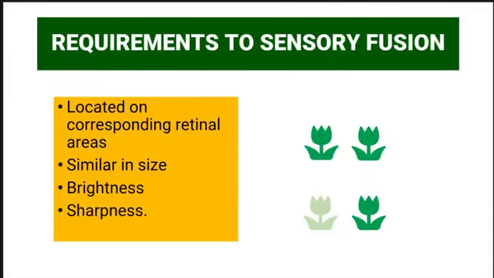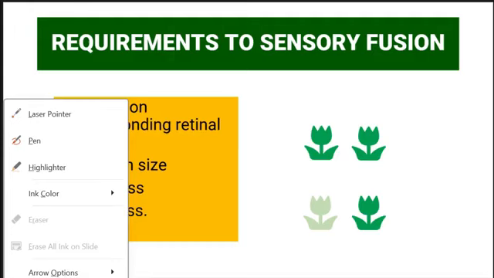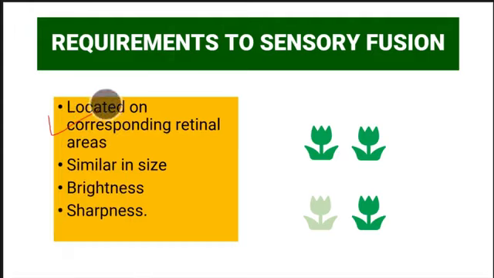So there are certain requirements for sensory fusion. The first requirement is that the images should be formed on the corresponding areas of the retina. That is, the image should always be formed on the corresponding retinal points. The second point is that the images must always be of the same size. They must have the same brightness and they should have similar sharpness.